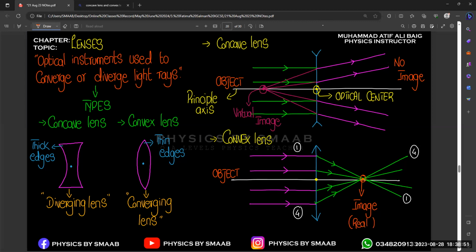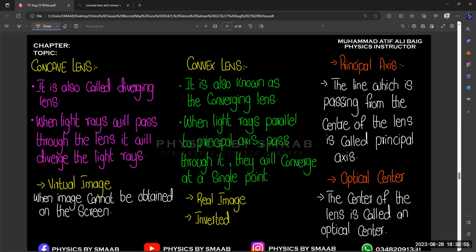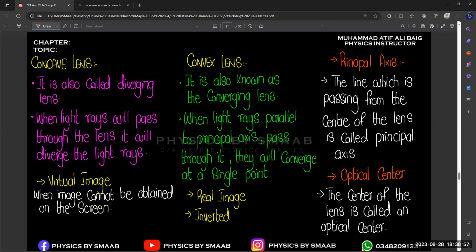And in some cases of convex lens, we also get a virtual image, right? In some cases, not in all, we also get the virtual image in a convex lens. So we can say that it will also form a virtual image sometimes, right? Inverted and virtual.